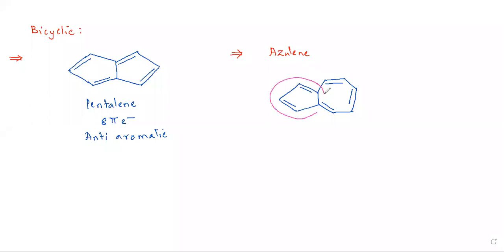This is a kind of cyclopentadiene, and this is of course cycloheptatriene, right? If this is made an anion and if this is made a cation, then both the rings will become aromatic. I mean, they have to be made dipolar, a plus, a minus. Okay, then they become aromatic.